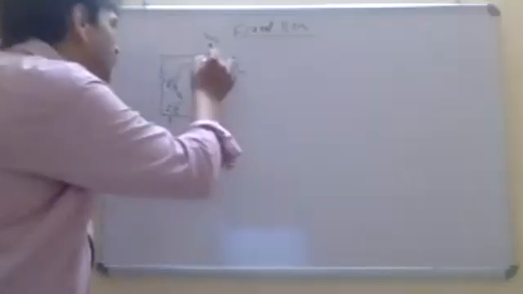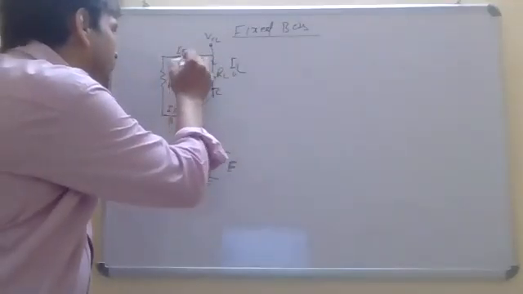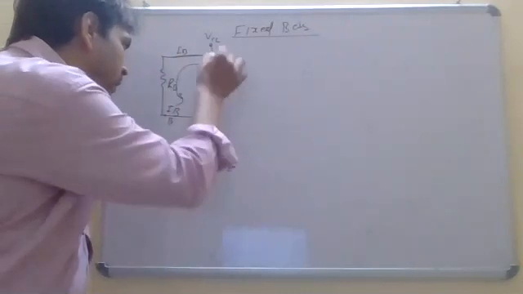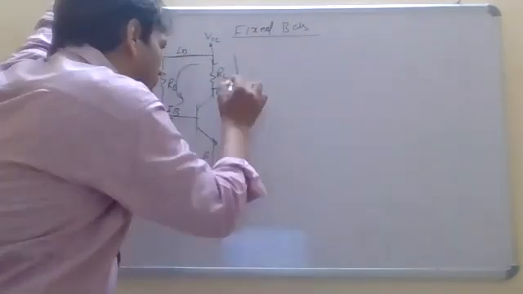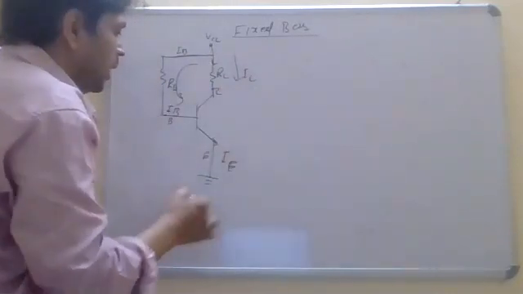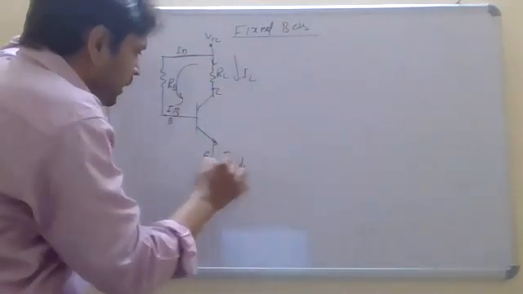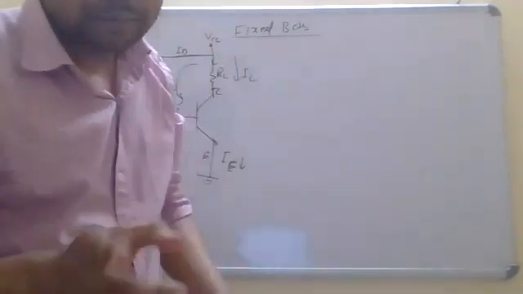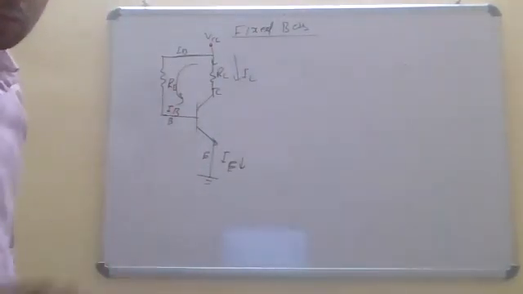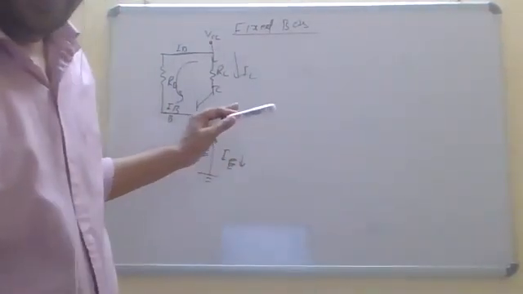This is the direction of movement of IC here. This one is the direction of IE, and IB will move in this way.